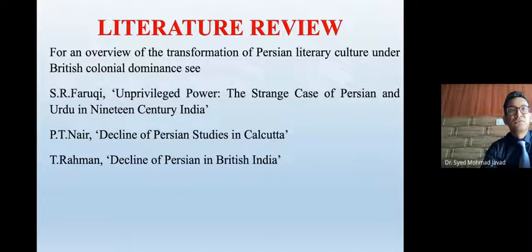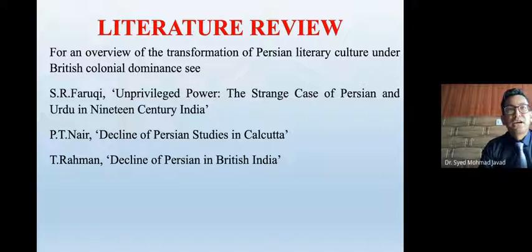For the literature review, as an overview of the transformation of Persian literary culture under British colonial dominance, we can refer to S.R. Faruqi. His book is Unprivileged Power: The Strange Case of Persian and Urdu in 19th Century India, published in 1998.